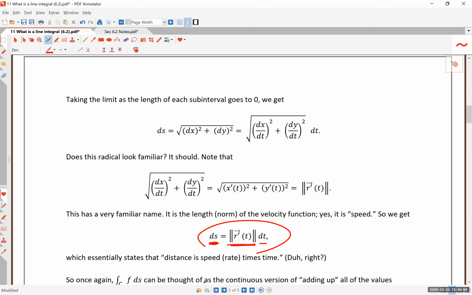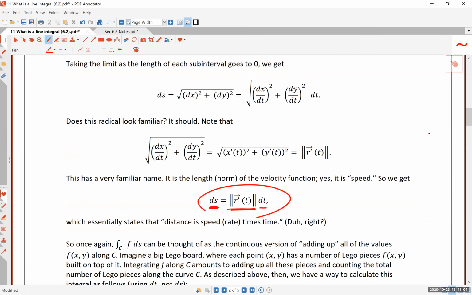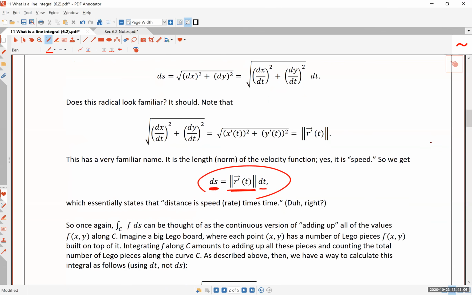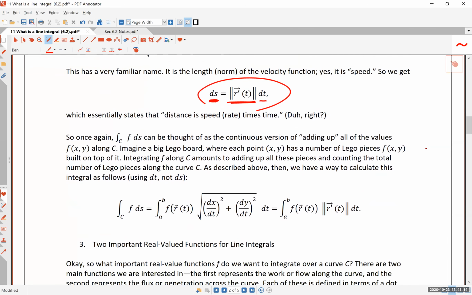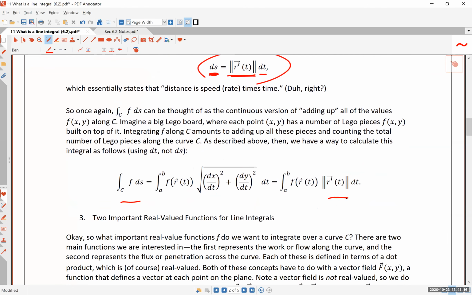It's something you probably heard in third grade. Well, that's true even in the infinitesimal sense, when you talk about differentials: ds, distance, is equal to the rate times time, speed times time. And so here is how you find the value of the line integral.